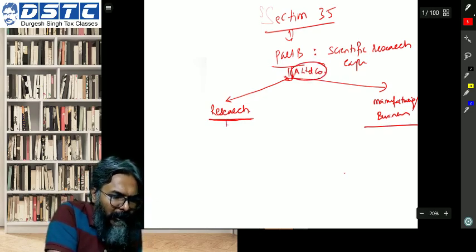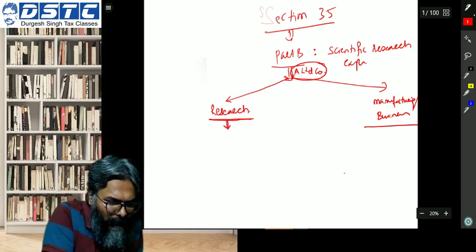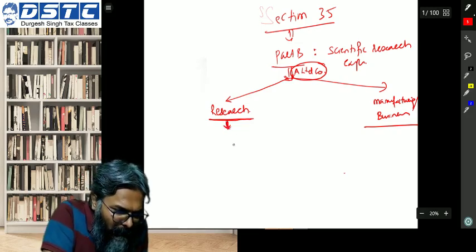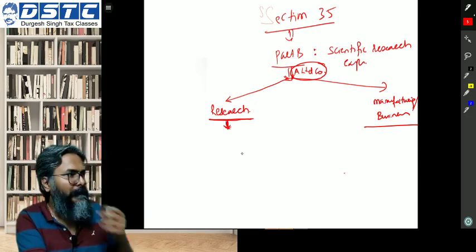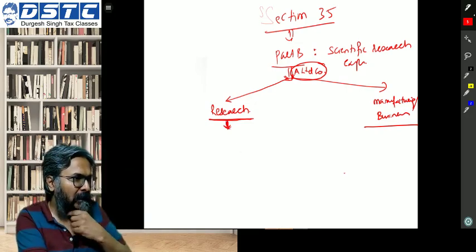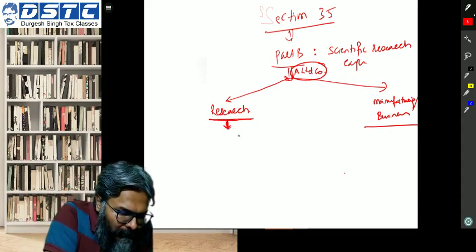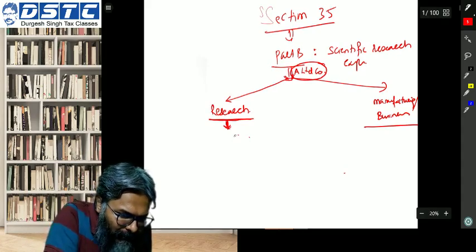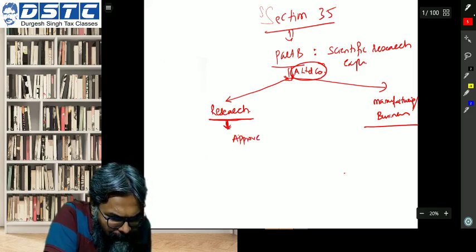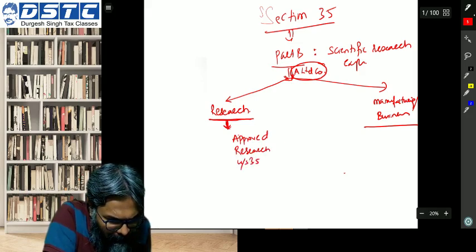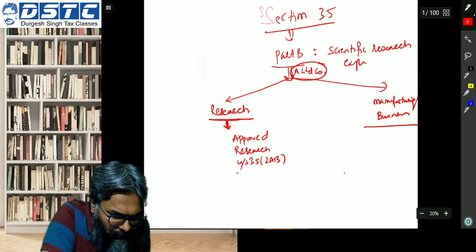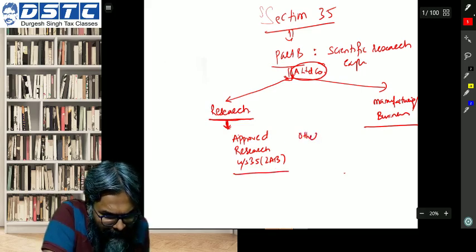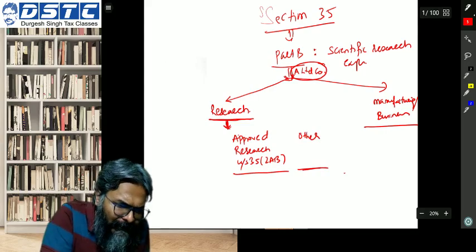They are doing research. Now in the research part, students, just be very careful about how the things have to be considered. Now there is a case of section 35, or I'll say the approved research under section 35(2AB), and the second category is other category.